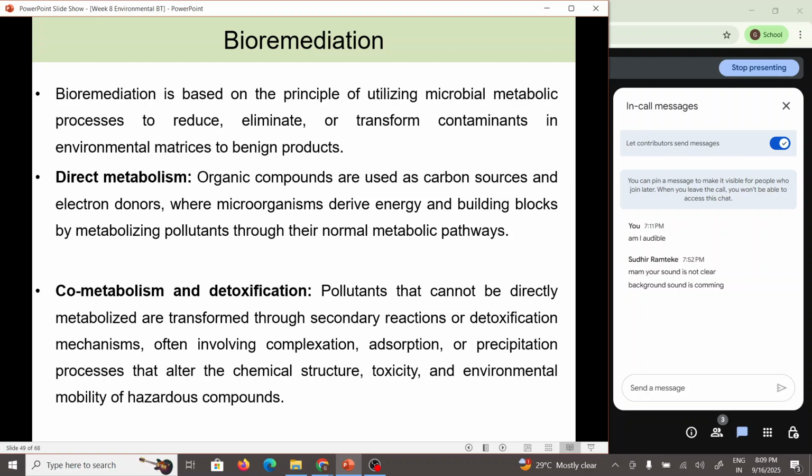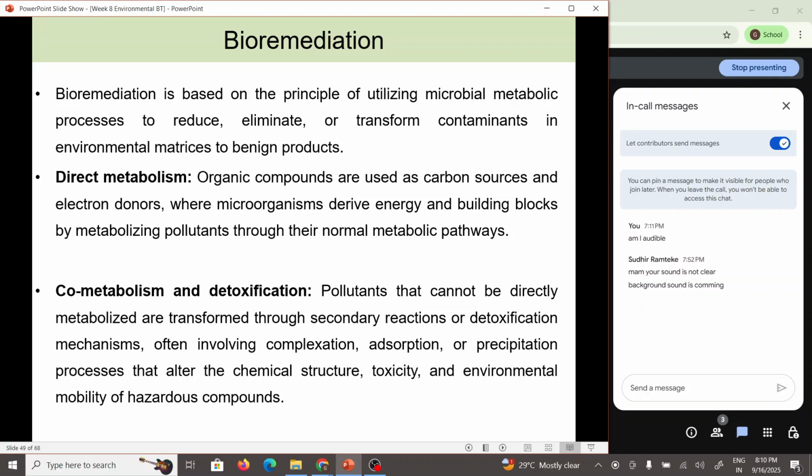So that is why we call that organic content a pollutant in the water system. But this organic compound is utilizable by the microorganism through its normal metabolic pathway itself. So what we are going to do is introduce some microorganisms into the water system so that they can consume the organic compound. They can use it to derive energy and to build their structural cellular components. Okay, so this is called direct metabolism mediated bioremediation.